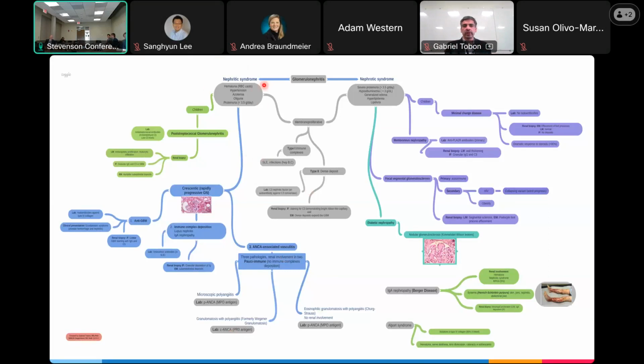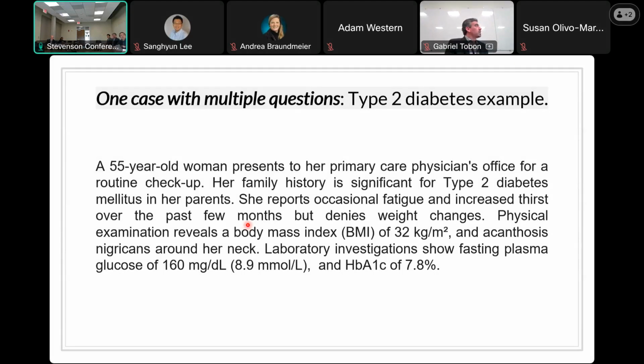So here we are in nephritic, presenting 3 different options, GBM, immune complex, ANCA, with the 3 different markers. The students have this flowchart. They can modify it, they can update it. So that's a good strategy also to remember the different types of disorders. That's the case for renal pathology.